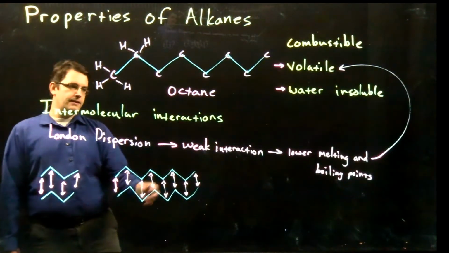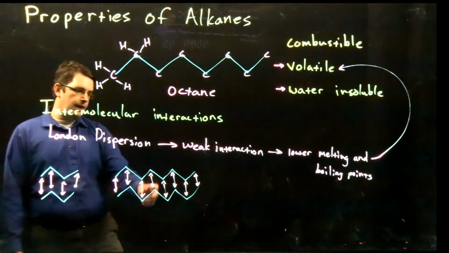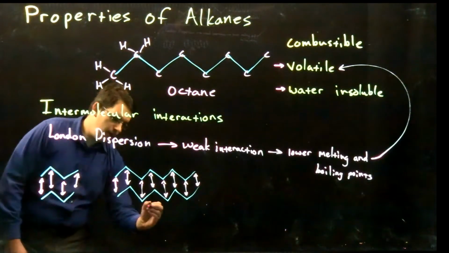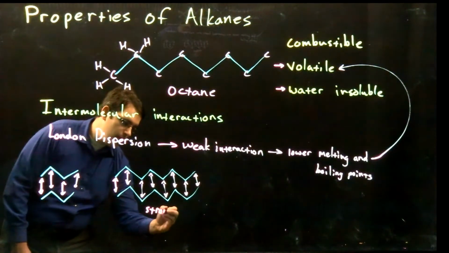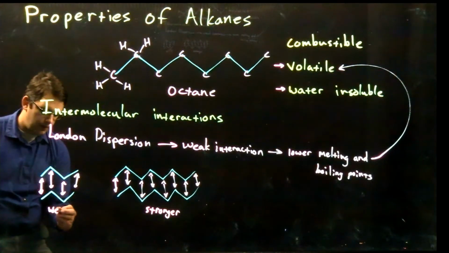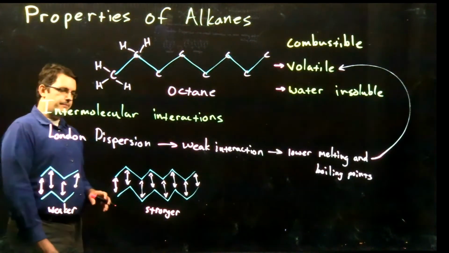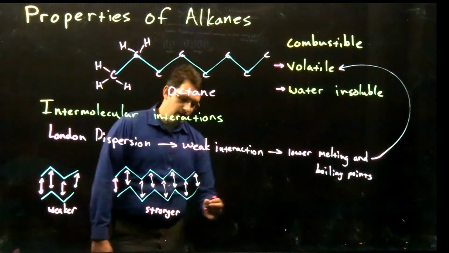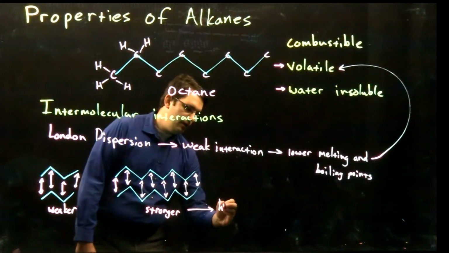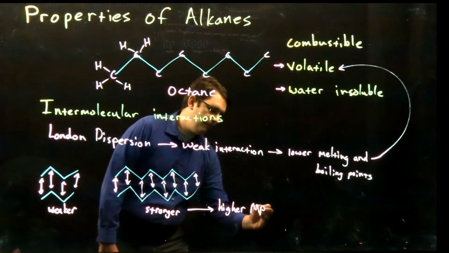More interactions equals a stronger interaction overall between our two molecules. So we have a stronger attraction between our octane molecules than we do for our butane molecules. And of course, a stronger interaction leads to a higher melting point and boiling point.